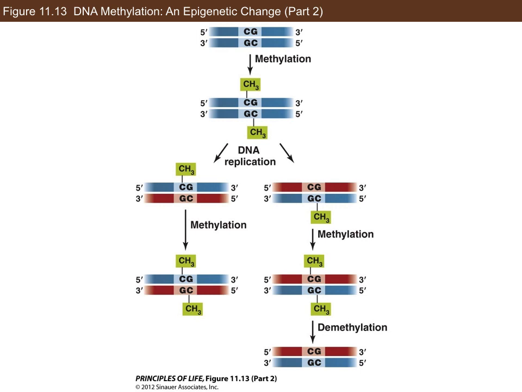Okay, but those maintenance methylases that work during DNA replication fix that. But again, for either one of those new double helices, demethylase enzymes can remove those tags as well and get you right back to where you started.